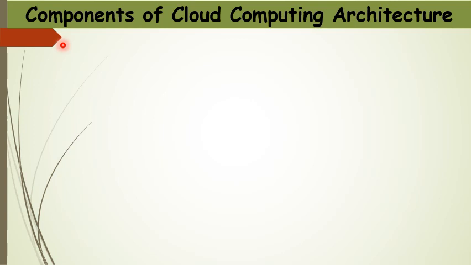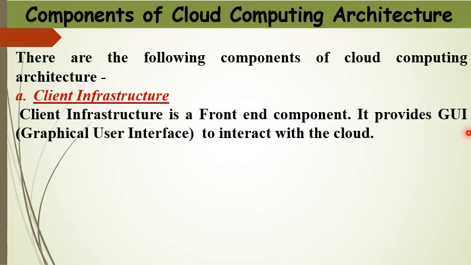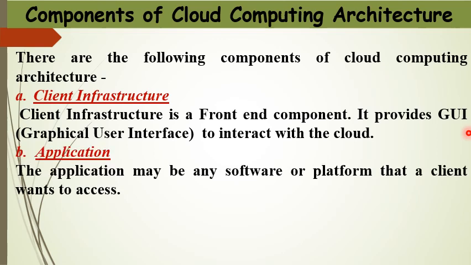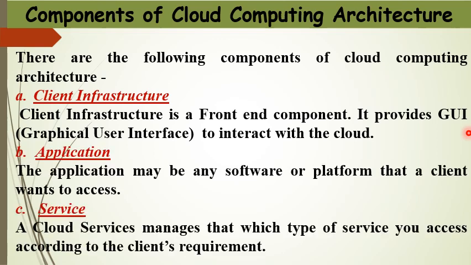Cloud computing architecture also has components, which are basically three in number: client infrastructure, application, and service. To single them out, we may start with application as a component of cloud computing architecture.